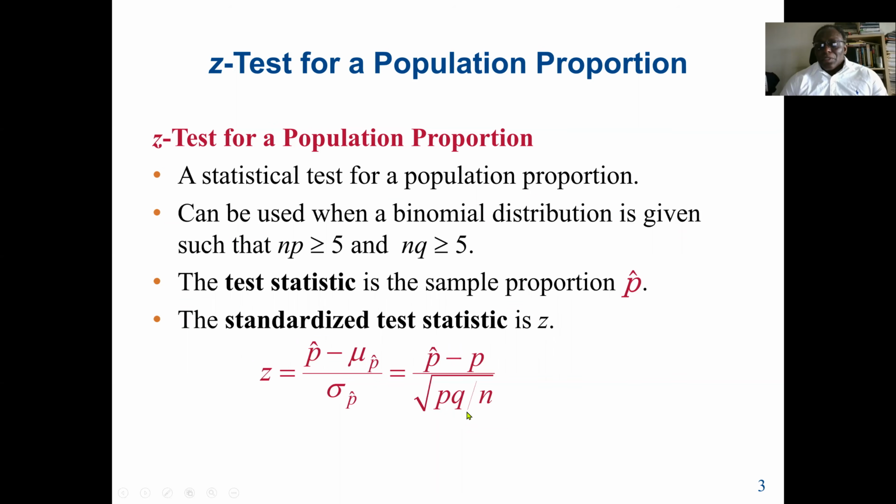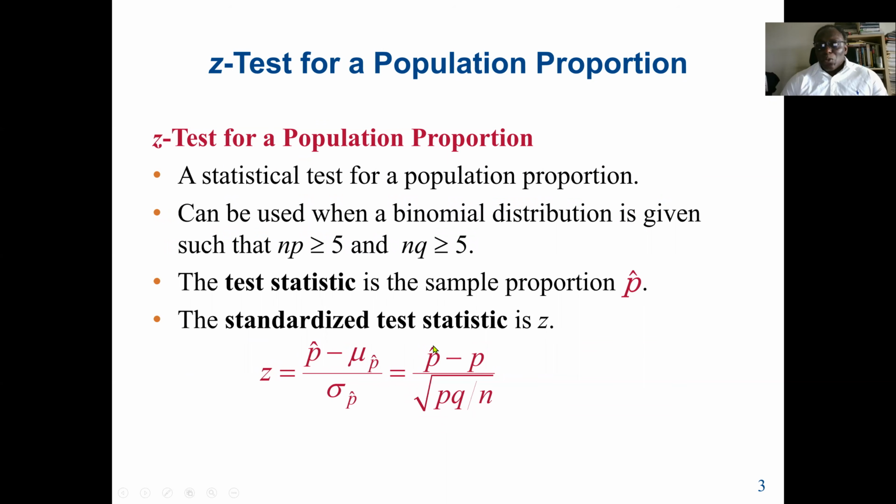And again, the formula for standard deviation in binomial distribution using the mean will be the square root of npq. So we multiply n by p by q, square root. But when we are doing proportion, then it will be p times q divided by n, square root.